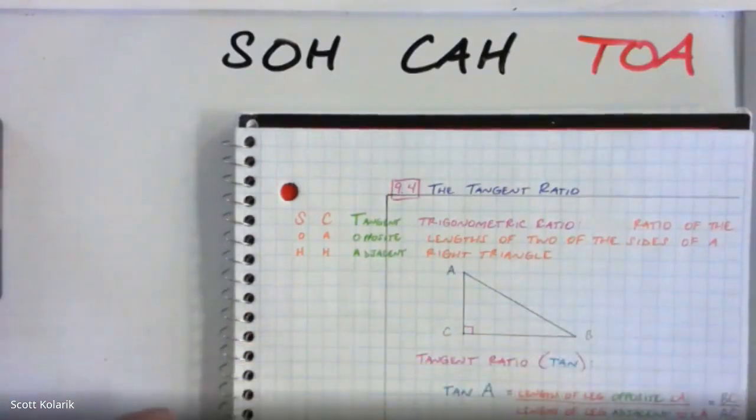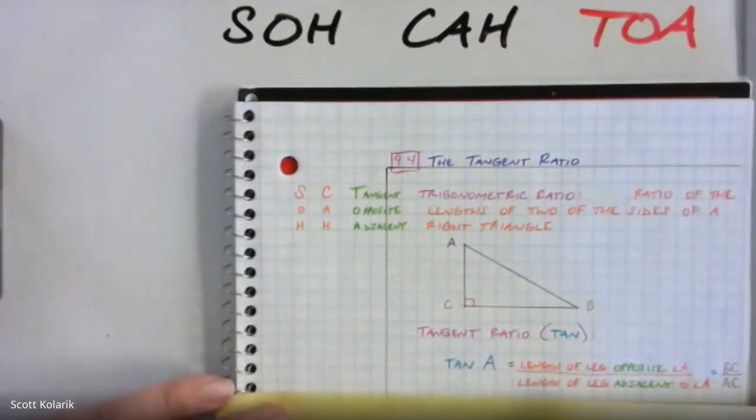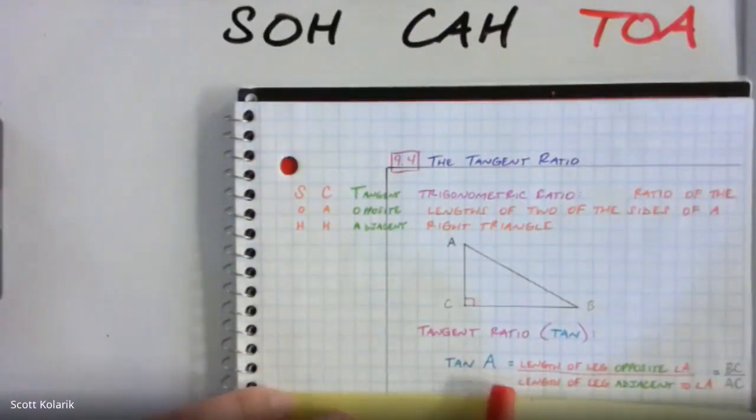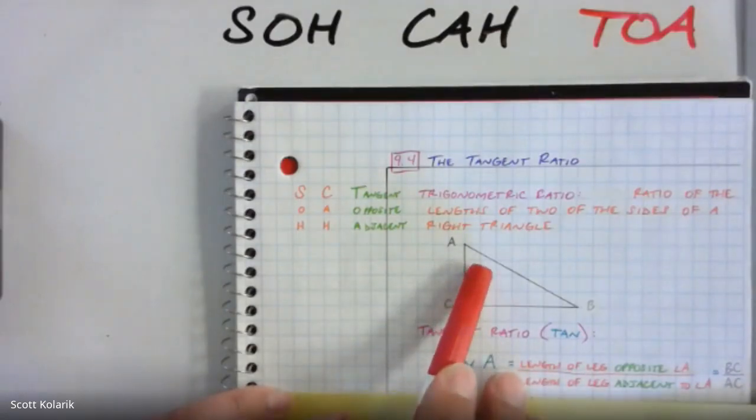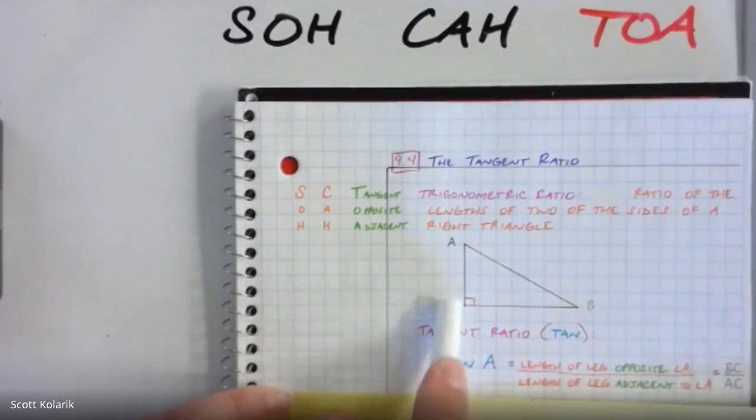Seeing this in a longer written-out way, the tangent of some angle A, whatever angle measurement is there, and there is an actual specific degree measurement there. If I were to take the tangent of that degree measurement, it would give the ratio between the length of the leg opposite, BC, over AC, the length of the leg next to it or adjacent to it.